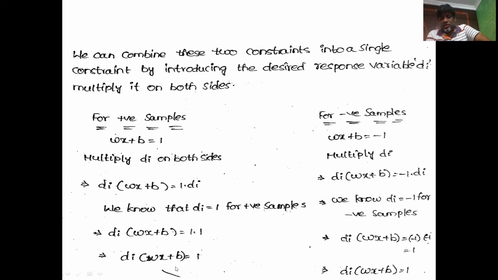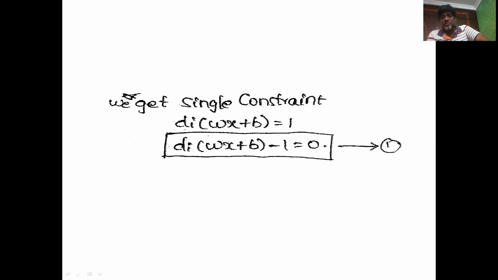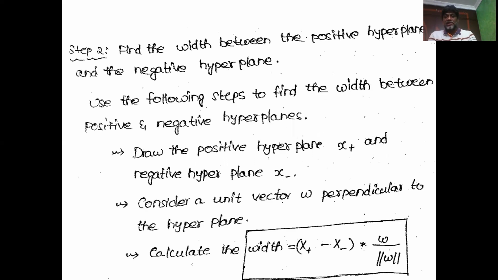So if you observe, both the formulas represent the same constraint: di(wx + b) = 1. Let us represent this as equation 1. So di(wx + b) - 1 = 0 is the only constraint we get for both the positive samples and negative samples. Okay, so we can represent them uniformly with the help of a single constraint.